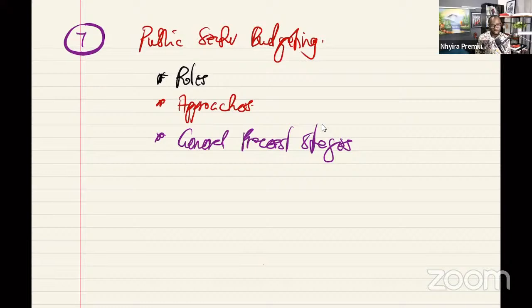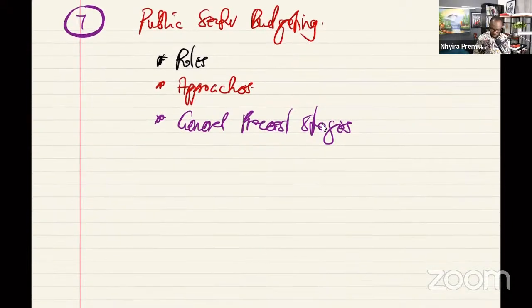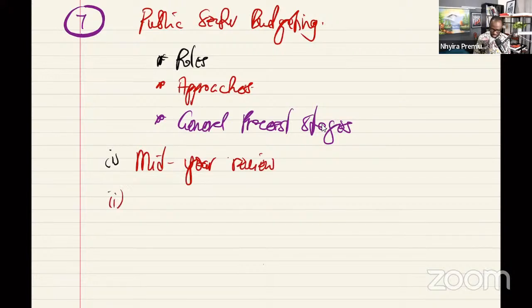But in addition to these things, there are a few issues that we need to spend time to know about, and that is going to be issues about mid-year review. Mid-year review, you must know about that pretty well. Supplementary estimates, you must know about that also well.